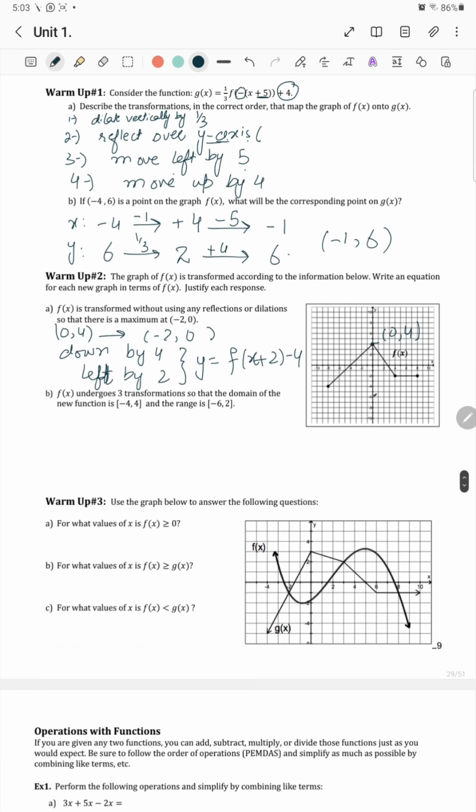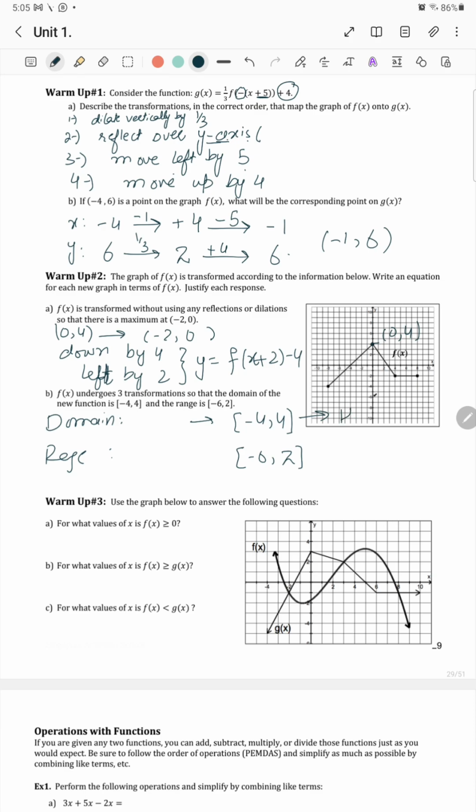F of x undergoes three transformations. The domain of the new function is minus 4, 4, and the range of the new function is minus 6, 2.